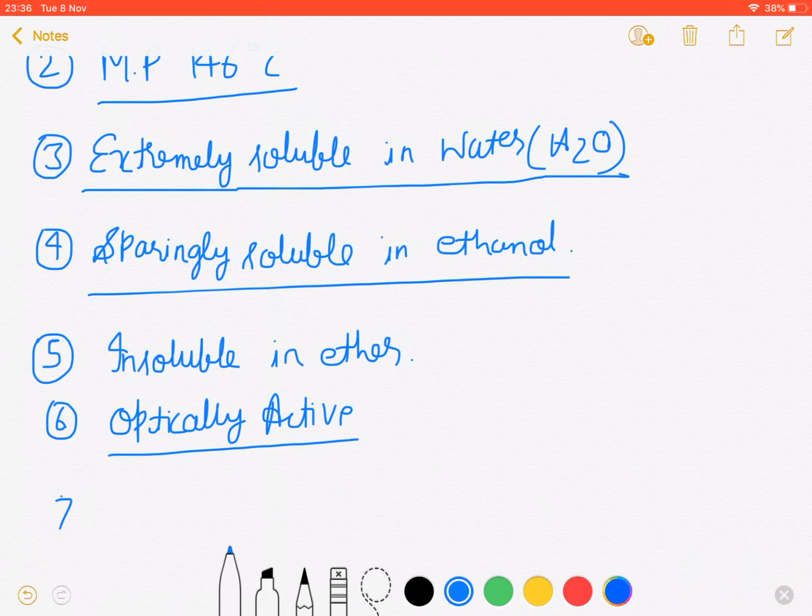And then number seven is that the ordinary naturally occurring form is plus glucose, as I already told you.